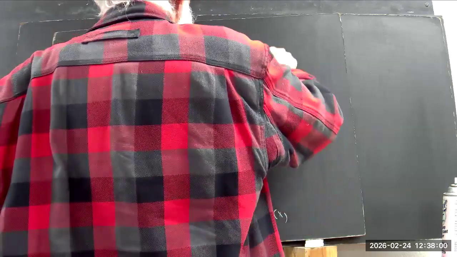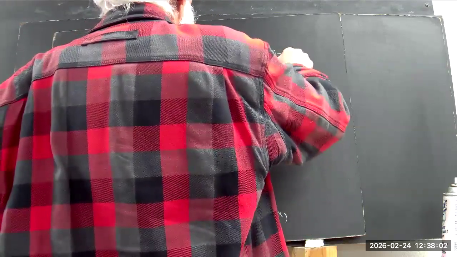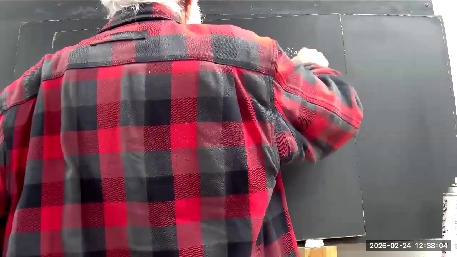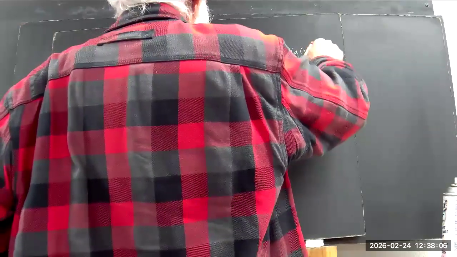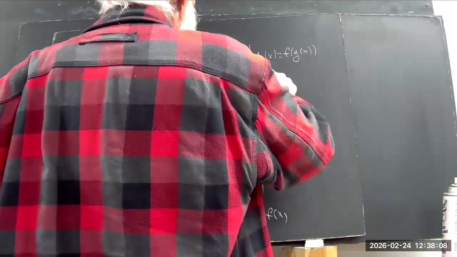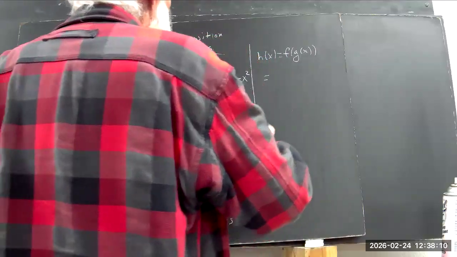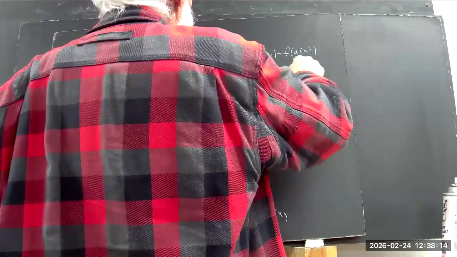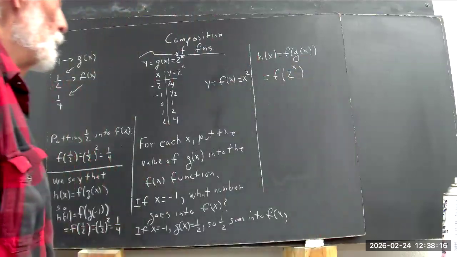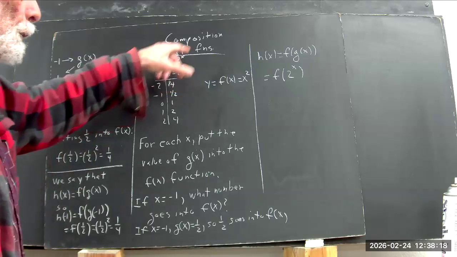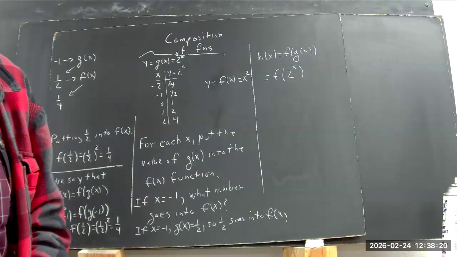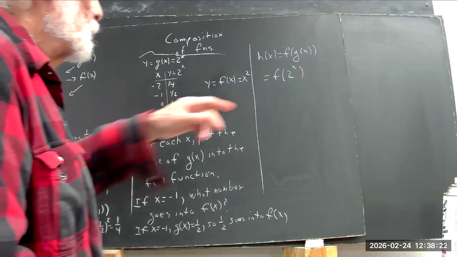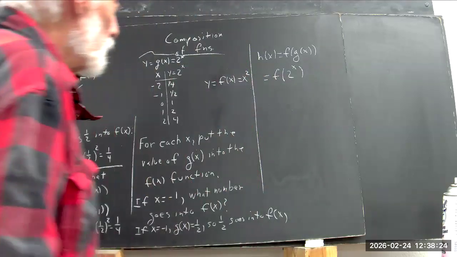Now we could do this in symbols. If h of x equals f of g of x, well, that means h of x is f of 2 to the x, because g of x is 2 to the x. And what's f of 2 to the x?